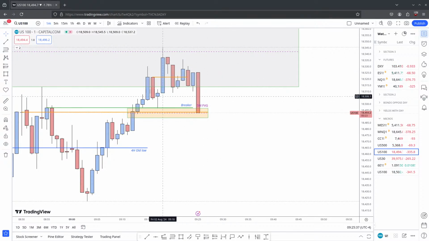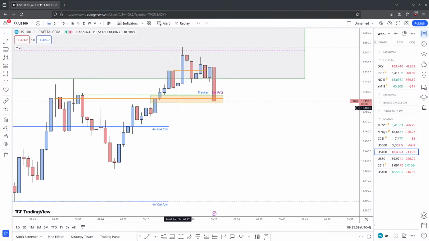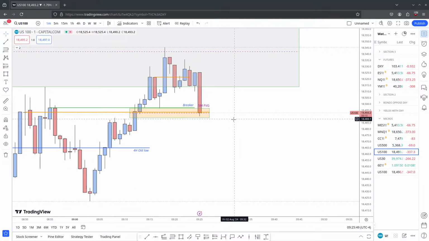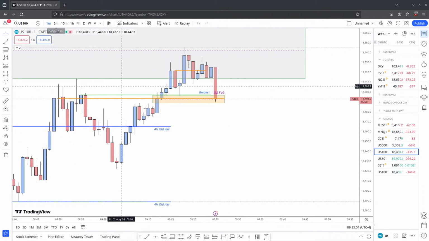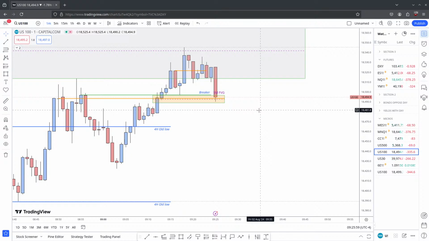Let's see if this rejects. How does it react at this level? We're inside that breaker block, 5-minute fair value gap, 5-minute order block. Let's see how we react around these levels. So this is the scenario that I would wait for. I wouldn't take an entry up here. It's in too much of a premium.